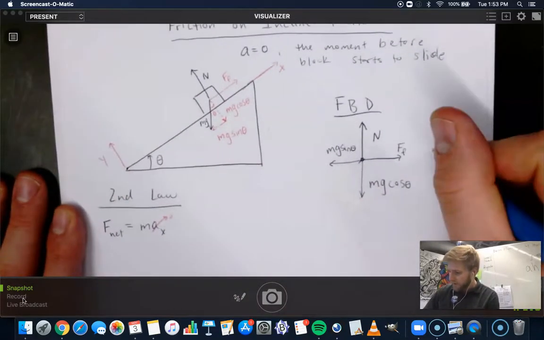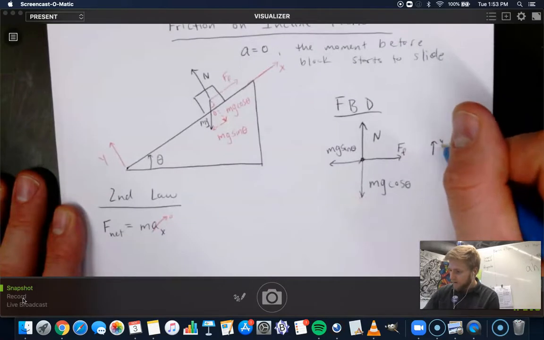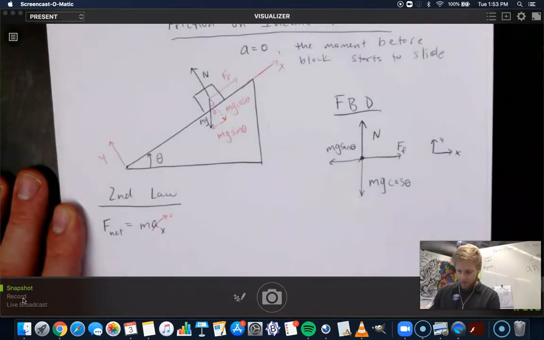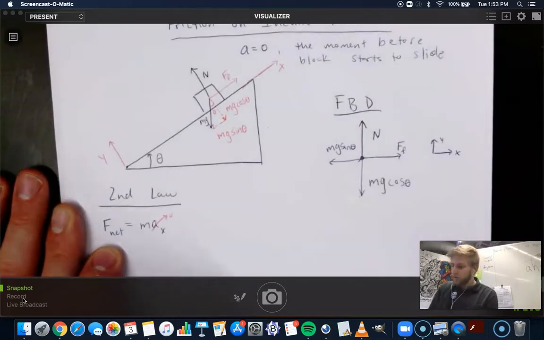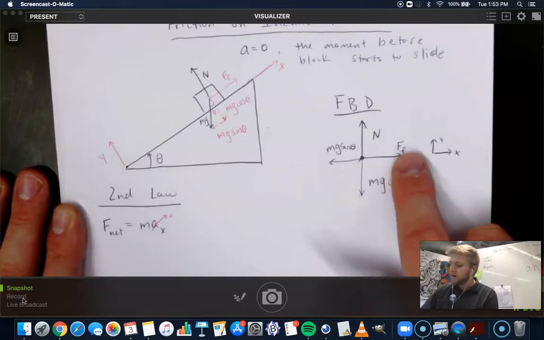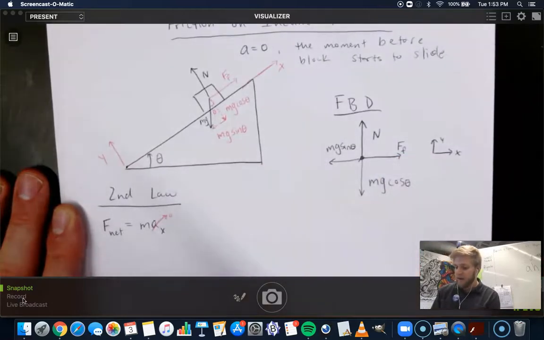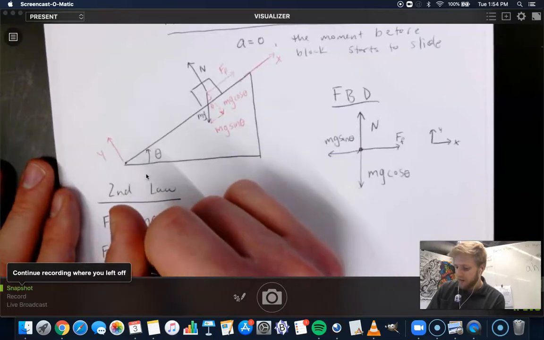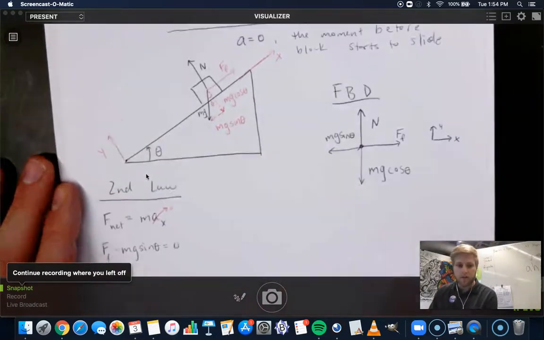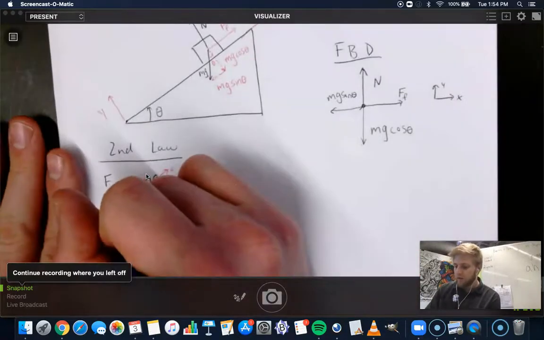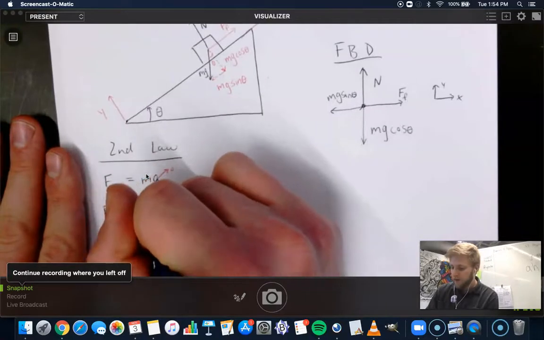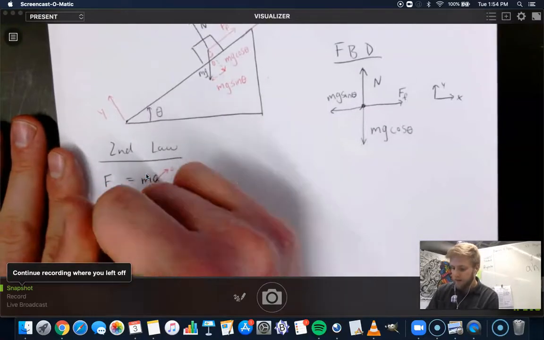Let's make that really clear: here is the y direction, here is the x direction. And all we need to do on the left-hand side is put in the forces. So we've got friction force minus mg sine theta equals 0. So quickly solving there, the force of, in this case, static friction is going to be equal to mg sine theta.